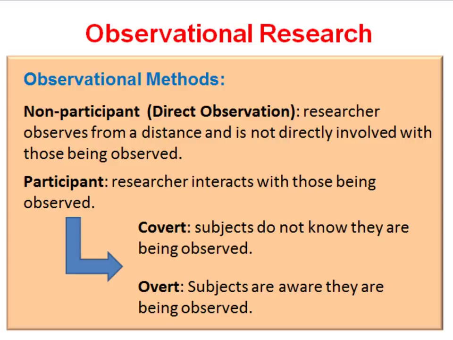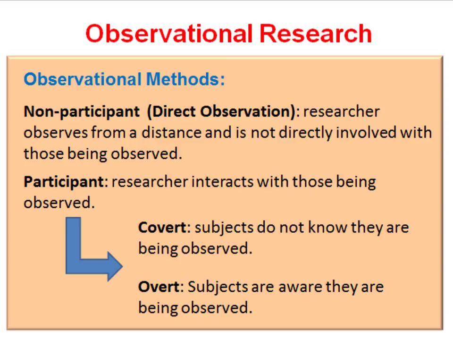Whereas in the case of participant observation, the researcher is trying to find out about the way of life of a group of people by joining that group. So they participate in the daily activities of that group. They observe what that group says and does from within. In other words, participant observation allows the sociologist to experience social life from the perspective of the group being studied.